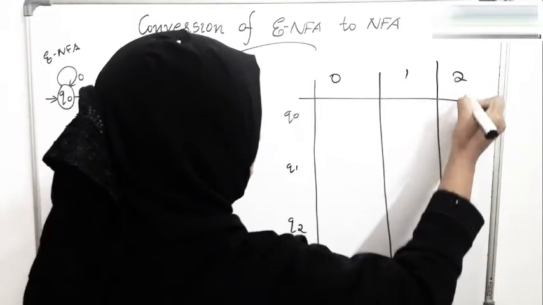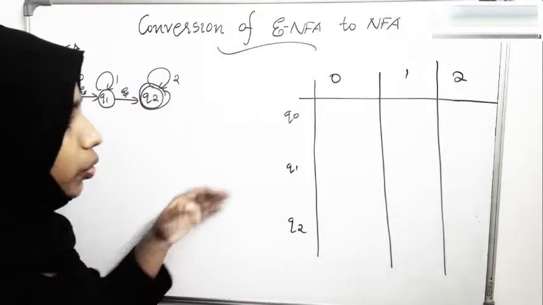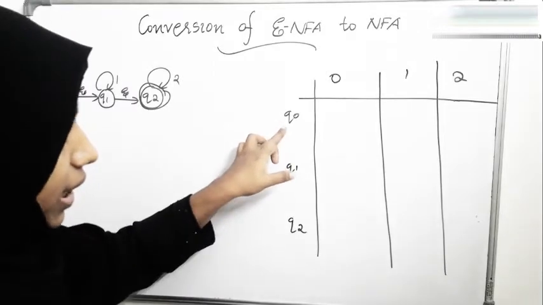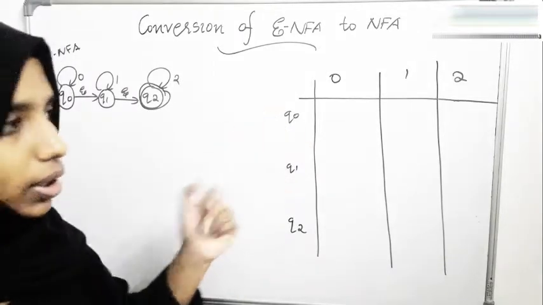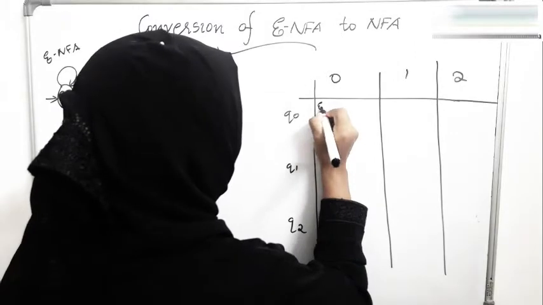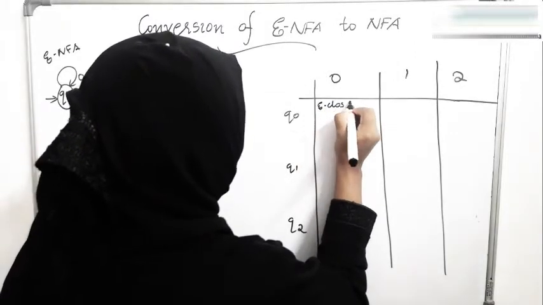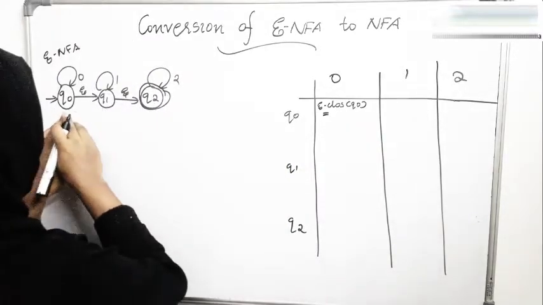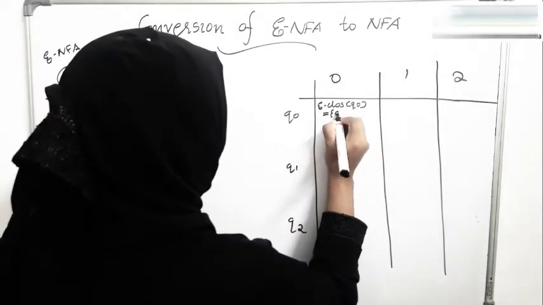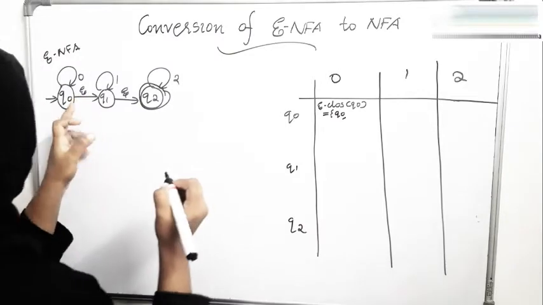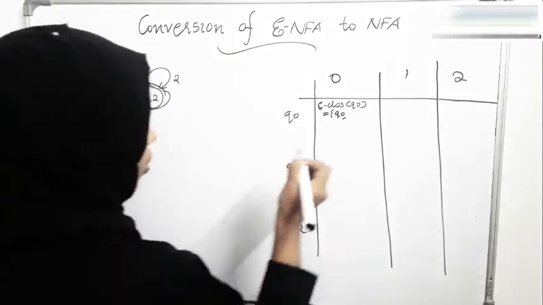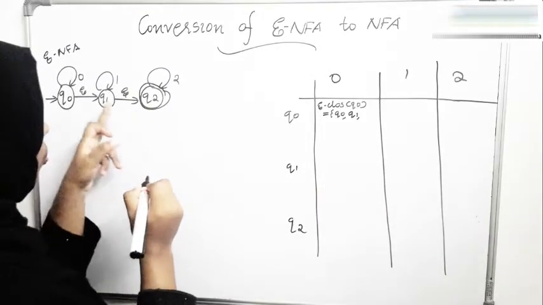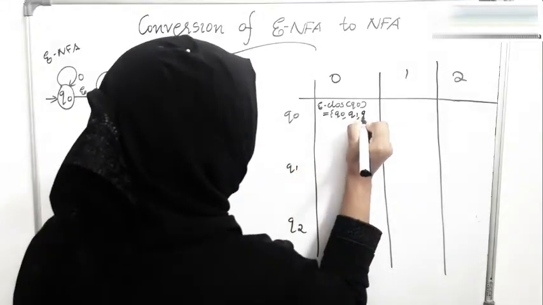The first thing that you need to do here is take the epsilon closure of the state which is written on the left. So the first thing is E close of Q0. E close of Q0 contains Q0 without any doubt. Now from Q0 you can reach Q1 on epsilon, so Q1 is there. And from Q1 you can reach Q2 on epsilon, so Q2 is there.